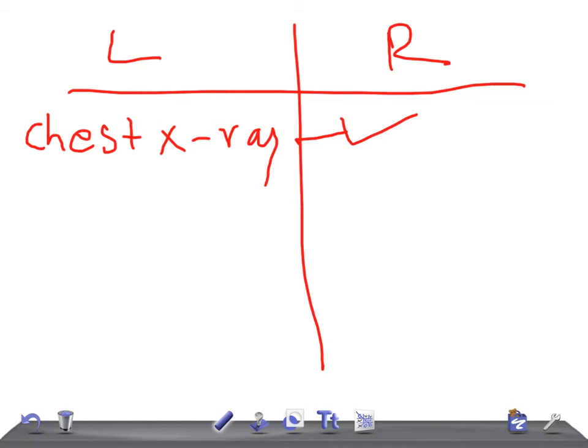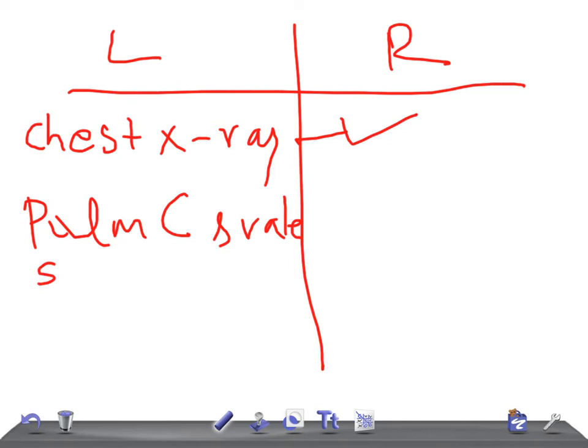Then in left-sided failure we see pulmonary congestion, and rales can be heard. In right-sided heart failure, you also see pulmonary congestion.